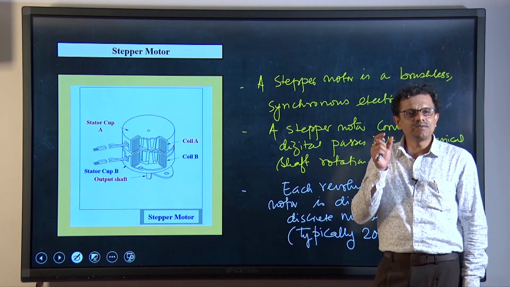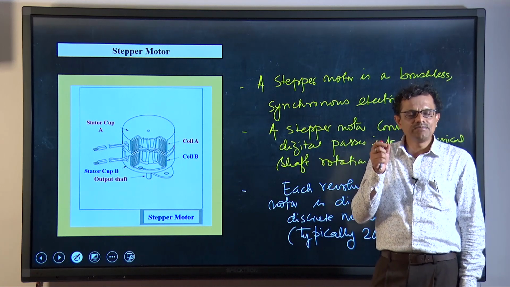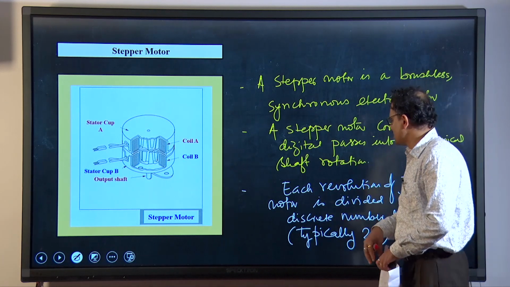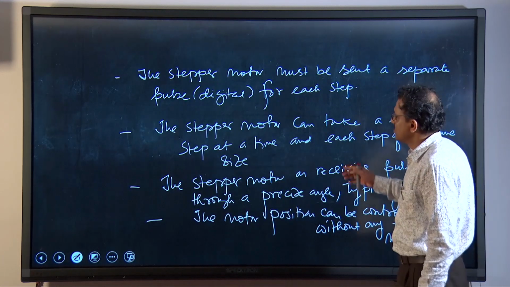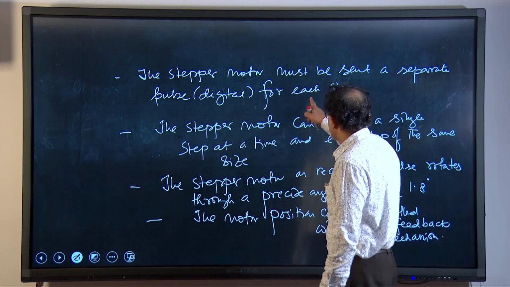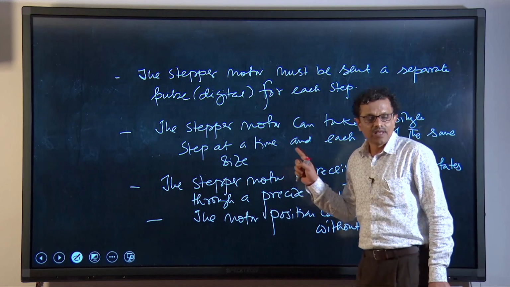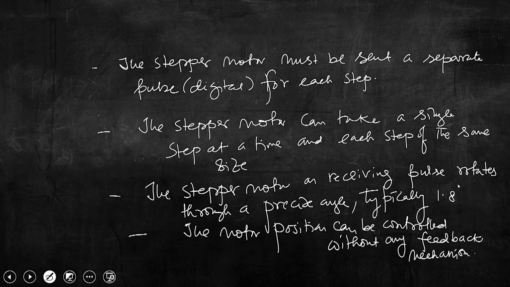Then if we have some digital pulses as input, it will rotate, and this is a very important characteristic: a single step at a time and each step of the same size. The stepper motor on receiving pulses can rotate through a precise angle of 1.8 degrees, and it is because of this that the motor position can be controlled without any feedback mechanism, right.